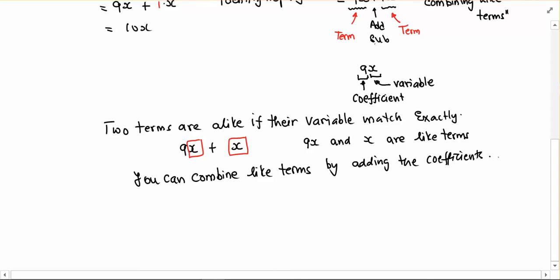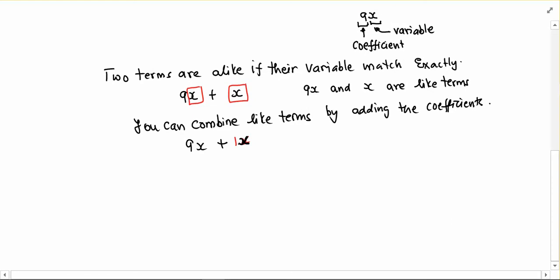So in this case, we can take the 9x and the 1x. We identify, oops, that didn't come in black. We identify that they are like terms by looking at the variable part, and then we can add the 9 and the 1 together and write that as 10x.